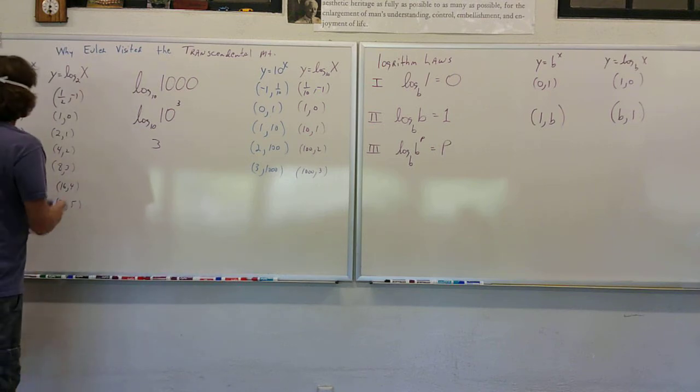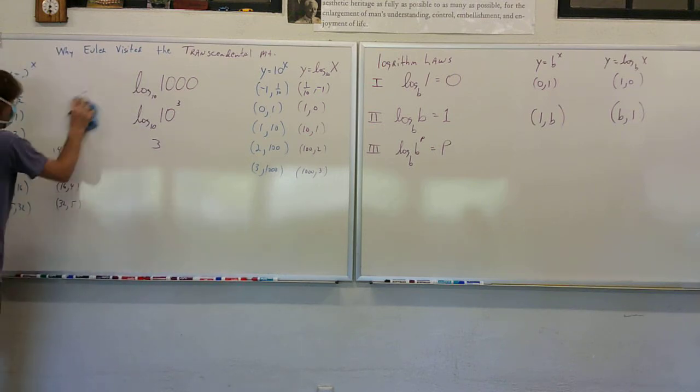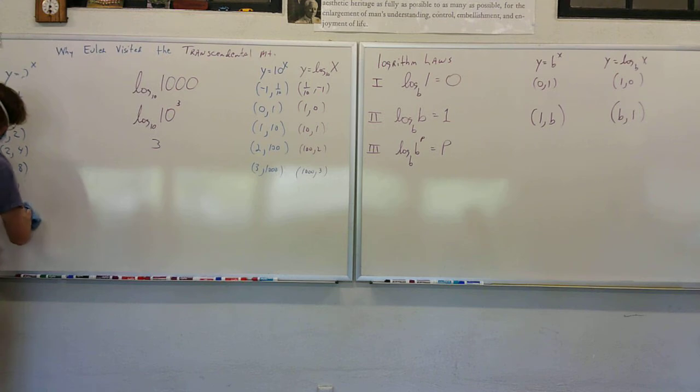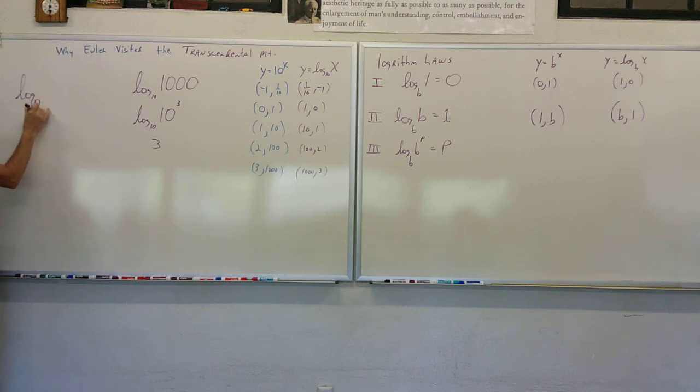Now, here's why it comes in handy. Oh, I just erased that one. I shouldn't have. Let's think about this. Log base 7 of 49. Somebody says, but Mr. Evans, we didn't do any log base 7s. You're right. We didn't do any what? 7s to the x.